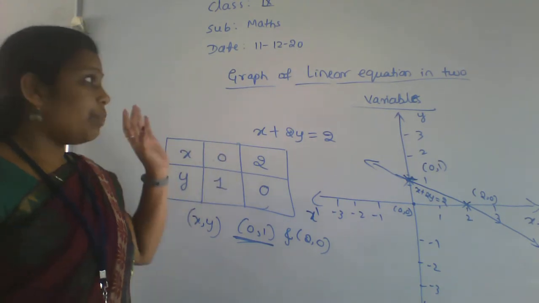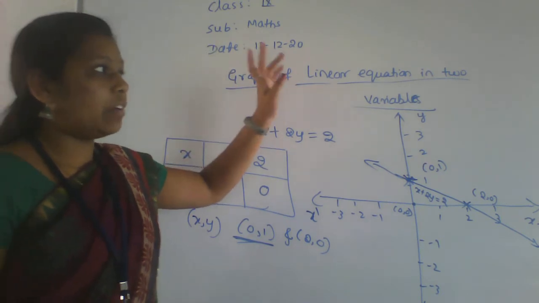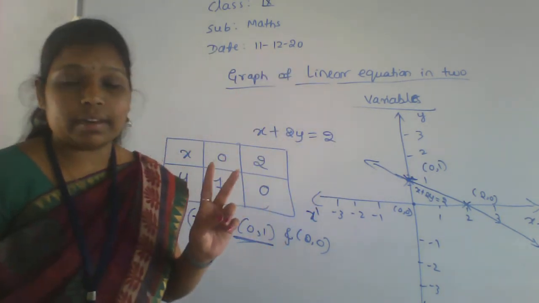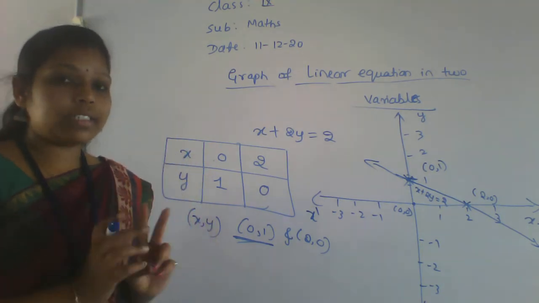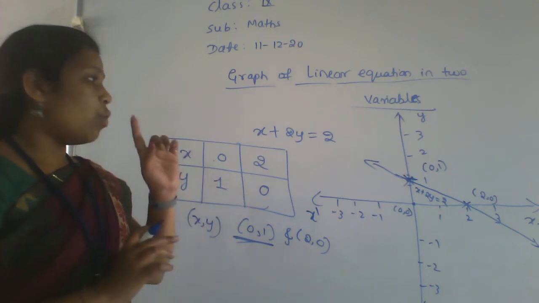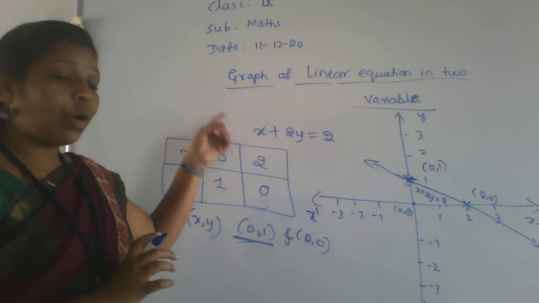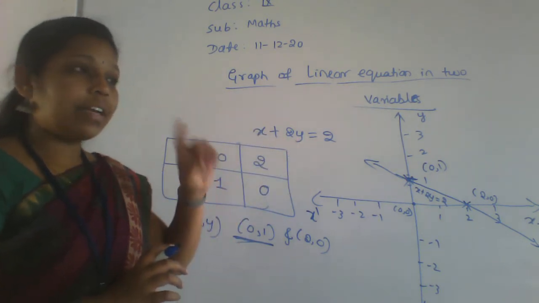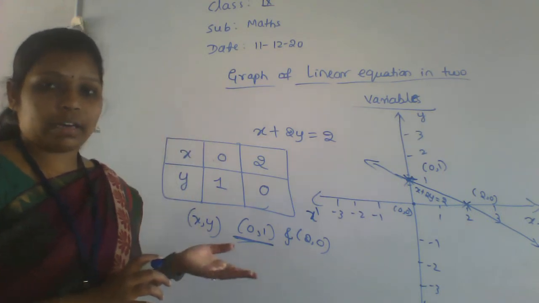This is the way to plot the graph of a linear equation in two variables. First our duty is to find the coordinate points. In the first case you have to put x as 0 and find y. Next, put y equal to 0 and find the x value.